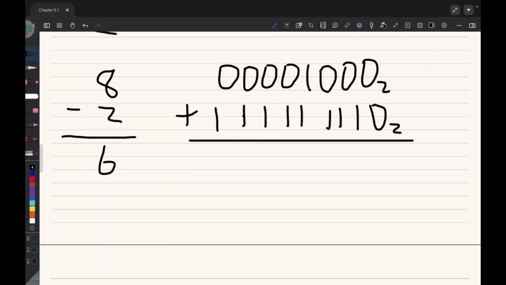Now let's add these numbers. Here we have a 0, here a 1, here a 1, here a 0, carry the 1. So that I don't get confused, let me match this one and this one, this one and this one. Here we have a 0, then we carry a 1, then a 0.